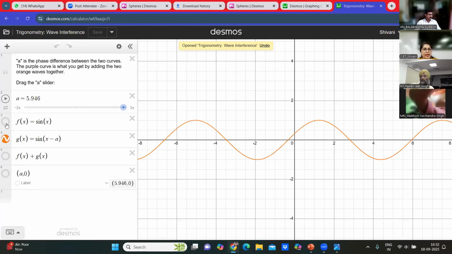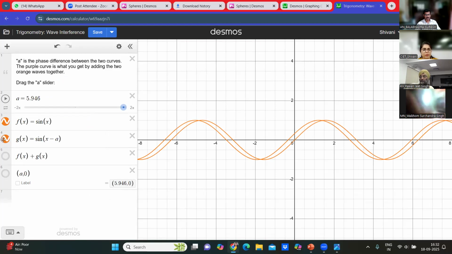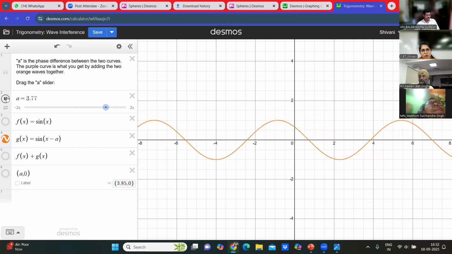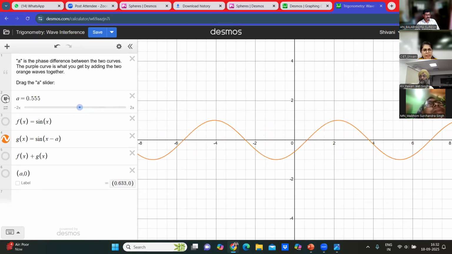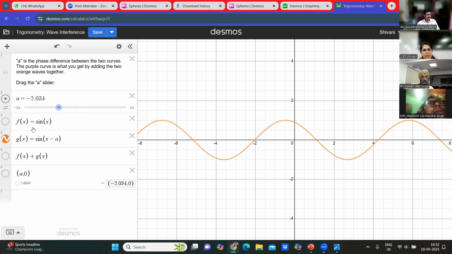This is sine x, the basic equation of sine x. Now I write another equation, g(x) equals sine x minus a. I have selected this, and when A is moving, the equation is also moving. So we can see the impact of A in the graph.